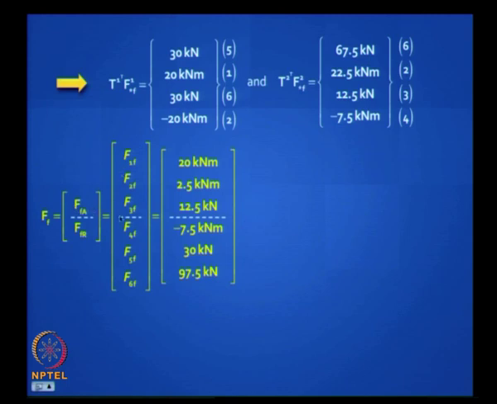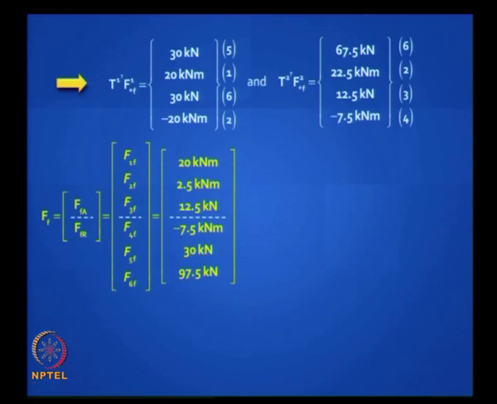You have 6 degrees of freedom, 3 are active, 3 are restrained, and corresponding to 1 you have 20 kilonewton meter, corresponding to 2 you have minus 20 and plus 22.5, which add up to 2.5, and so on and so forth. So this can be easily assembled, is it clear? So this is your fixed end force vector.